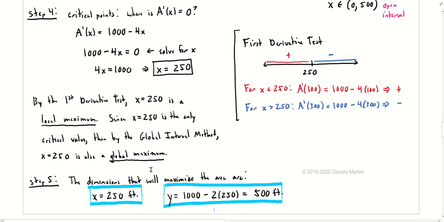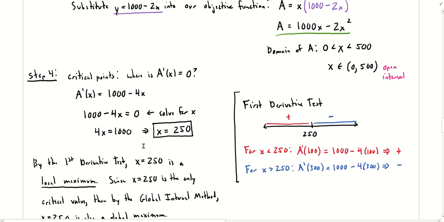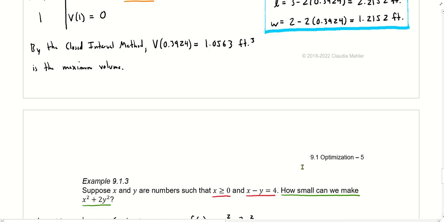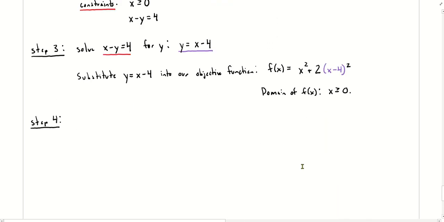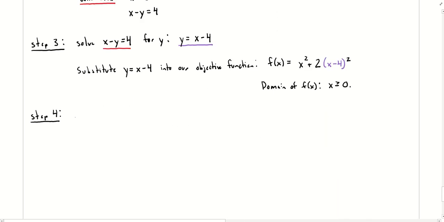In order to use the global interval method, I'm going to start by finding my critical points, and then I'm going to use the first derivative test to determine if my critical point is a local minimum or maximum. So here in step 4, I'm going to start with my critical points.